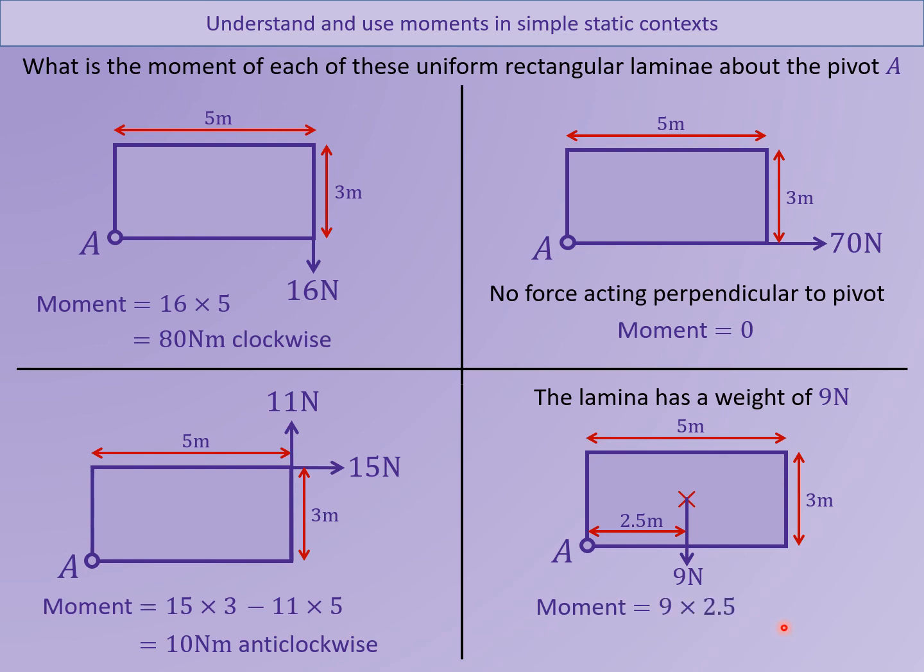So it's got a moment of 9 times 2.5. It has nothing to do with this 3 at all. If you're thinking it's 1.5, yes it is, but then it's not pulling in this direction with 1.5. So that's the only force acting on it. Therefore, it would start to rotate. That's the same situation as that piece of paper we just held in the corner, of 22.5 newton meters clockwise.